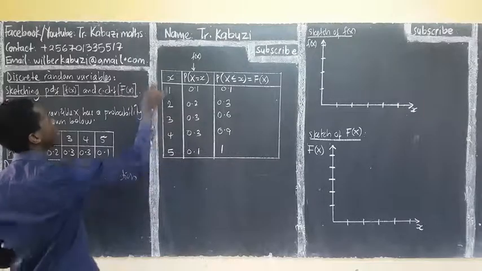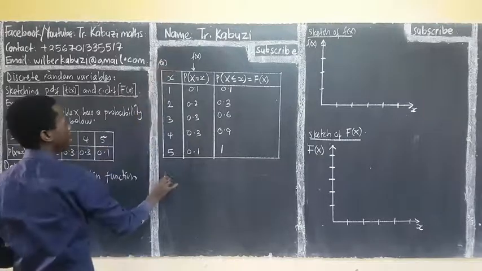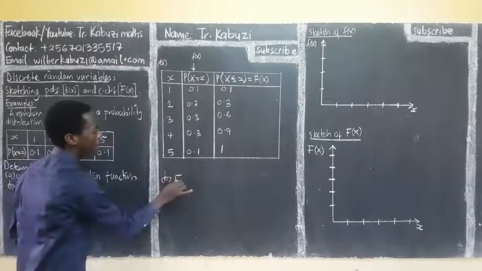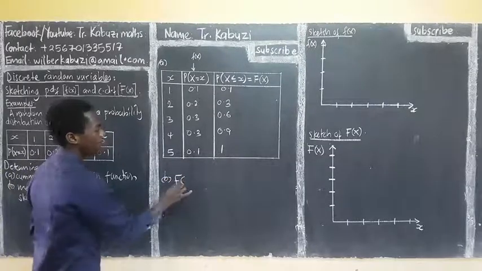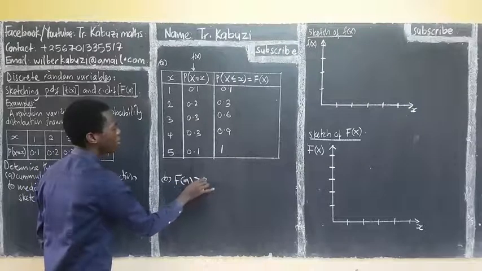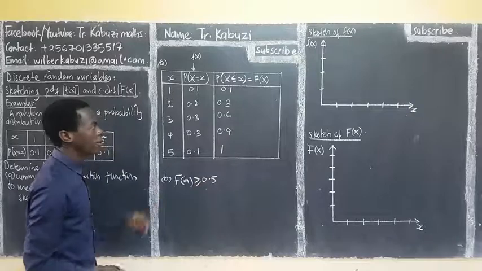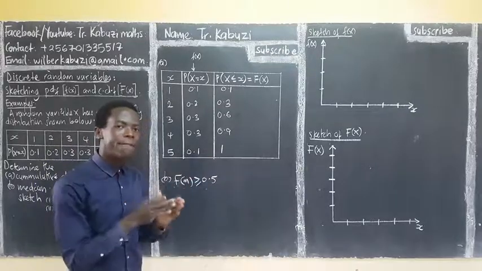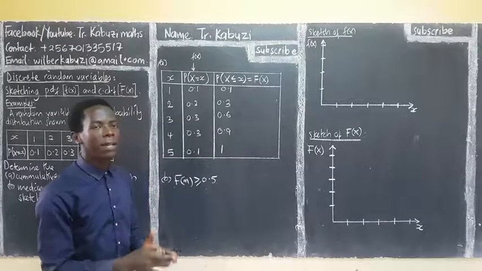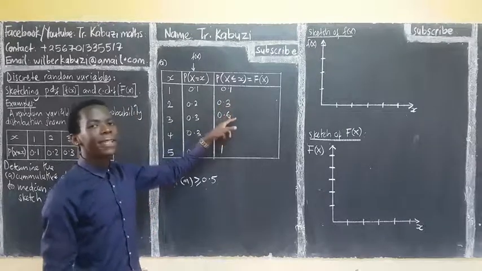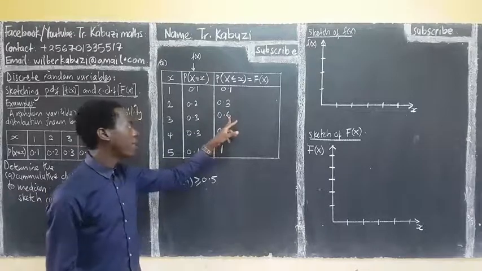Then they ask us to get the median. This is part A. The median is the value of the cumulative which is greater than or equal to 0.5. So you check the value which is either 0.5 or the first to exceed 0.5. This one has not, this one has not, this one is the first to exceed 0.5.